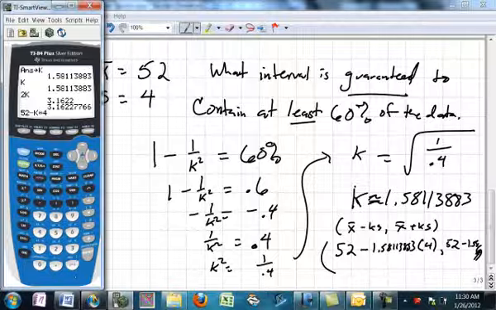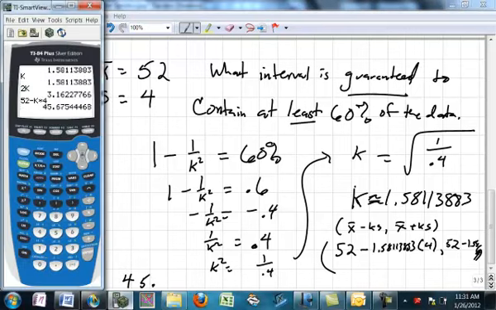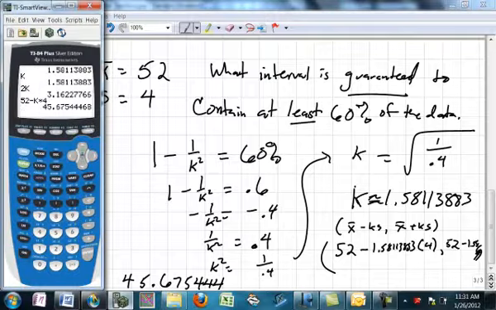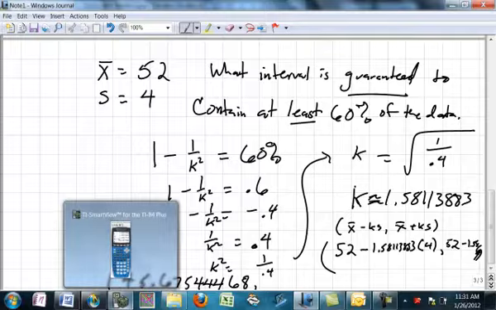And this is going to give me my low end, which is 45.675. And we had some 4s there, 3 4s and a 6 8. So as far as this calculator will go, that's what we get. Of course, we'll round off a little bit.